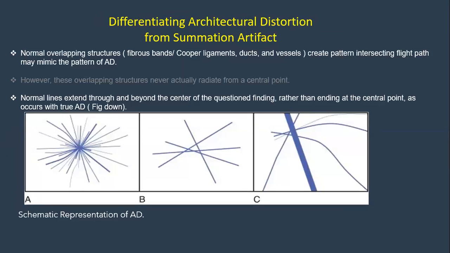What is the difference, or how could we differentiate between architectural distortion and summation artifacts? Sometimes you put in our reports, this area is likely representing summation artifacts.